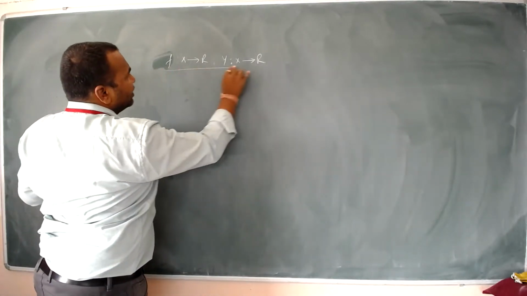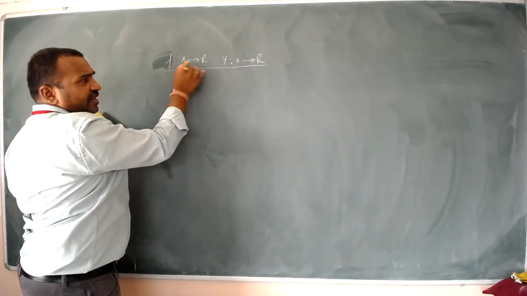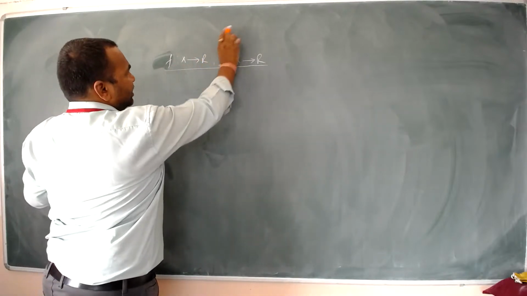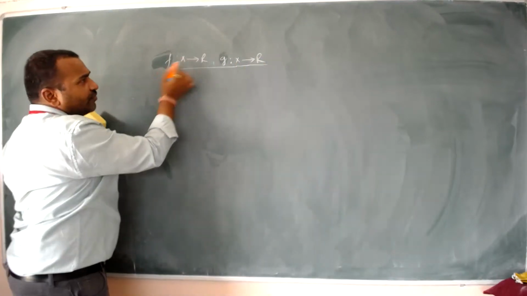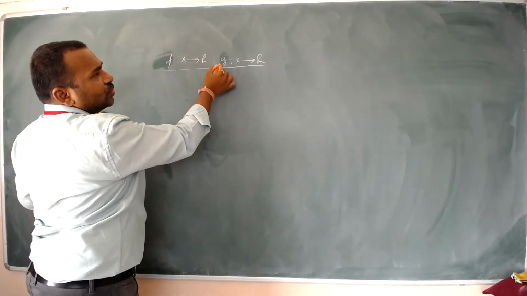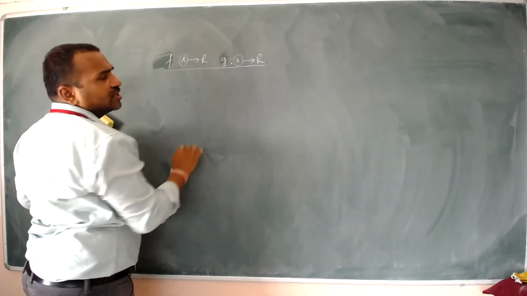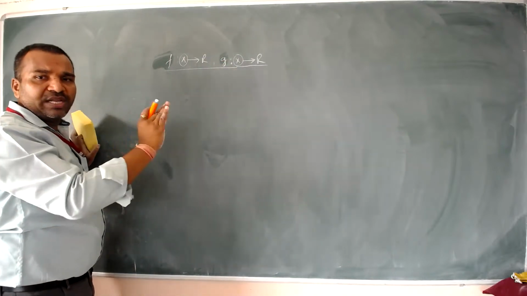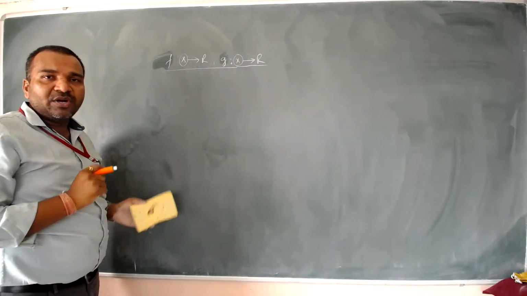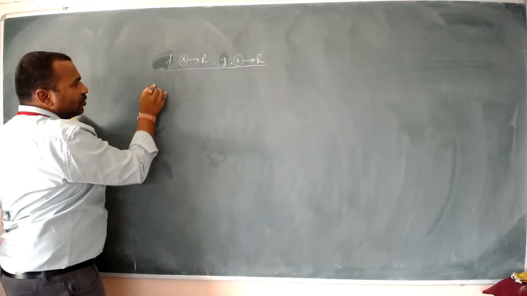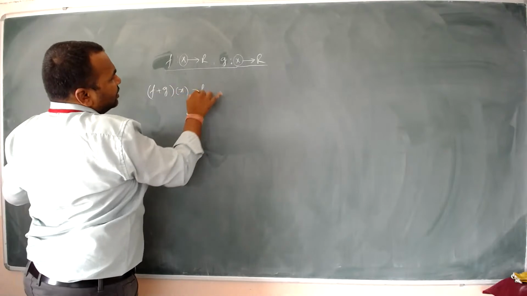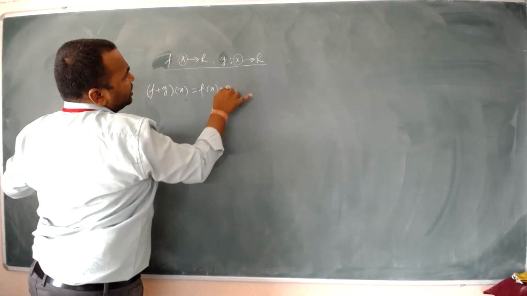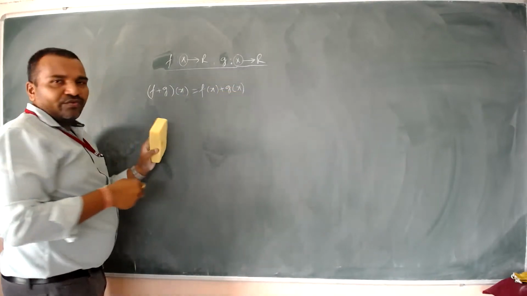So I'm taking f as a function defined from X to R, and another function g from X to R. The domains of these two functions should be the same, then only the algebra of functions is possible. Now, f plus g of x can be written as f of x plus g of x. Sum of two functions.